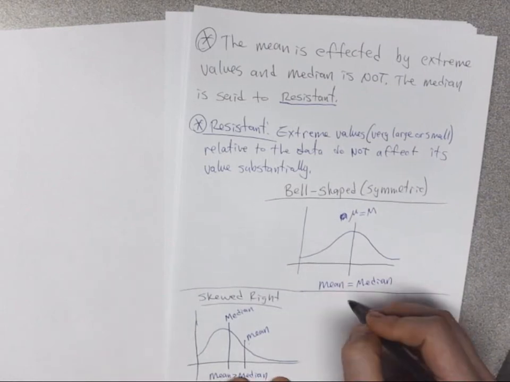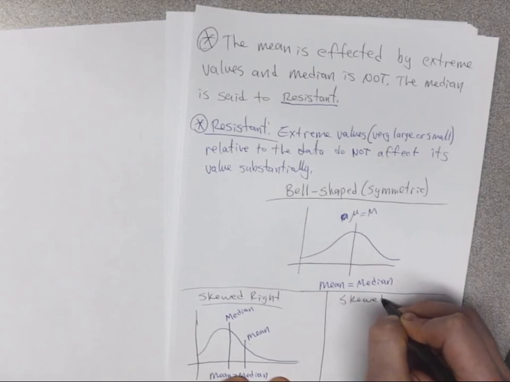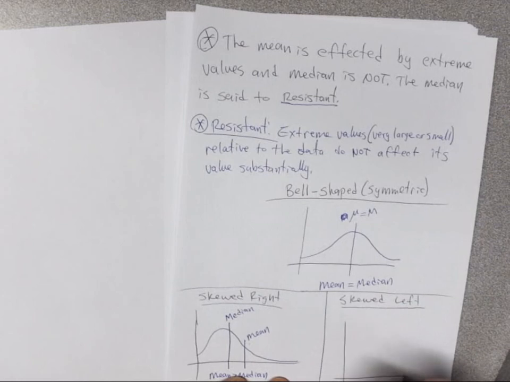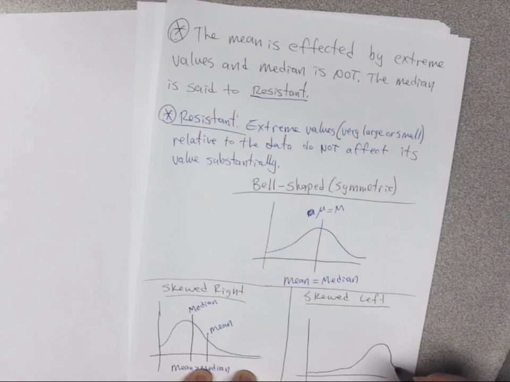And the last option is skewed left. We have some data that's really small over here, but most of our data is over here on this side.